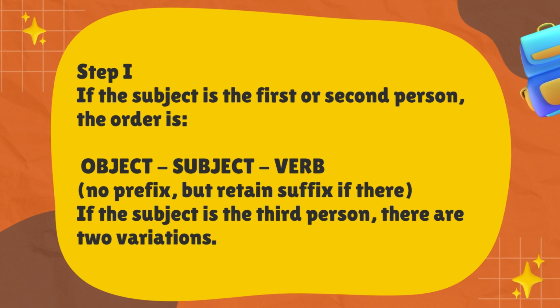Step 2. If the subject is the first or second person, the order is object, subject, verb, no prefix, but retain suffix if there. If the subject is the third person, there are two variations.